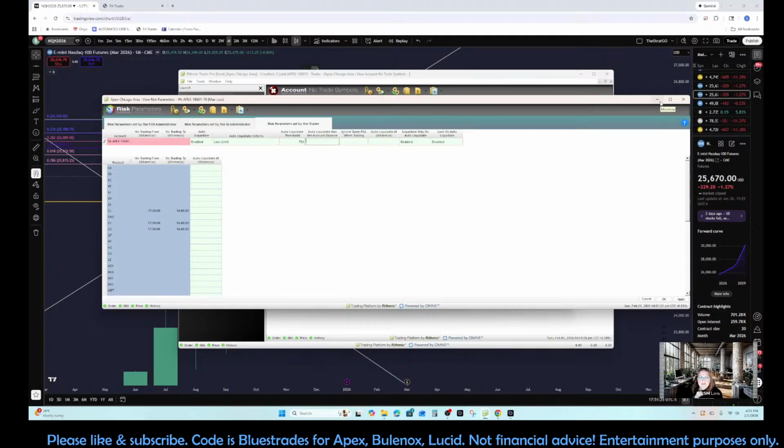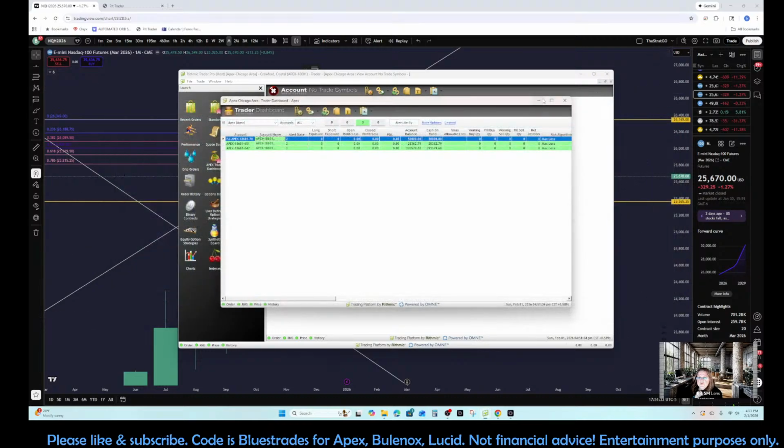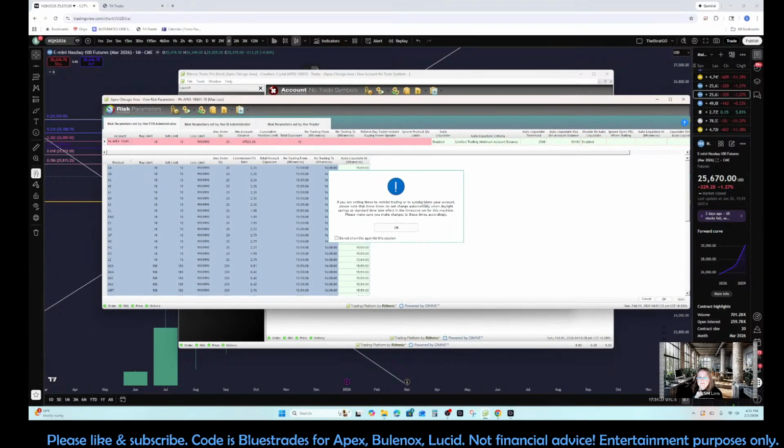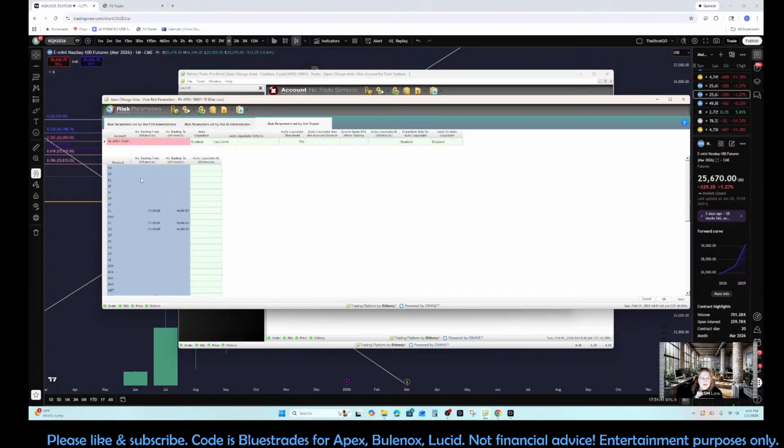I did a challenge last month where I could only trade up to a certain amount of micros. I did that for myself. I don't know how to set that on here exactly. I'm sure there's a way to do it, but I need to research it.